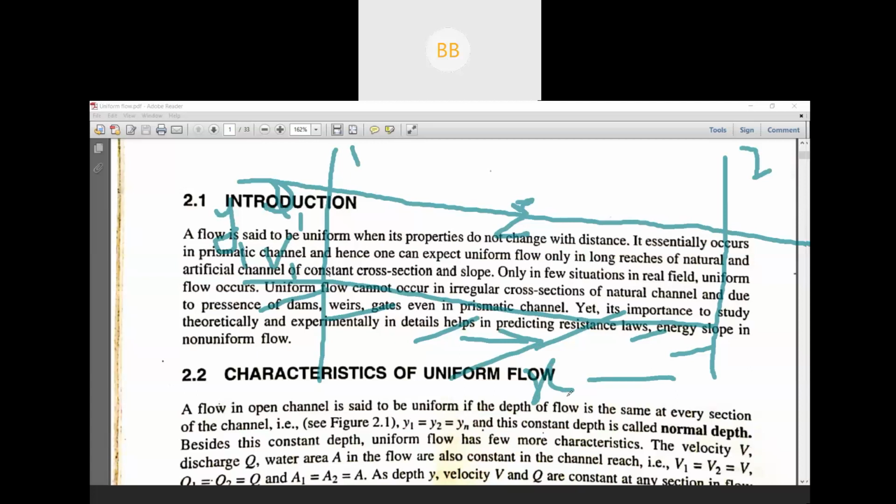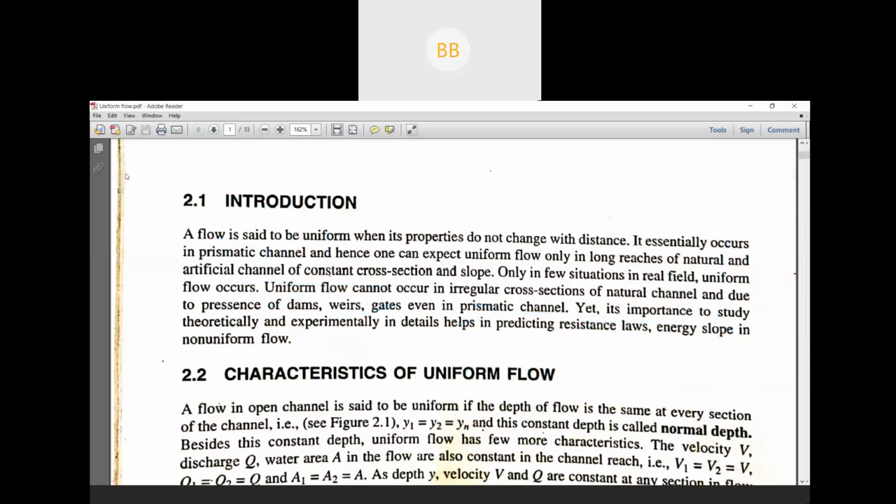You travel some distance and you consider another section 2, and at the same section again you are going to measure the same parameters, that is your depth of flow, discharge, and velocity. If all the three parameters in both the sections are the same, then we can say the flow in that particular channel is uniform flow.